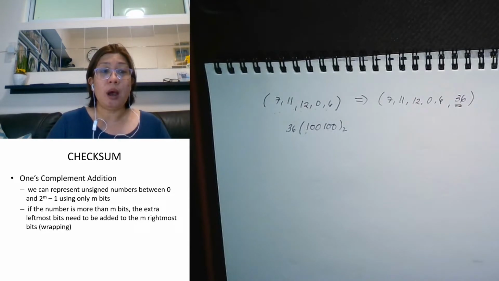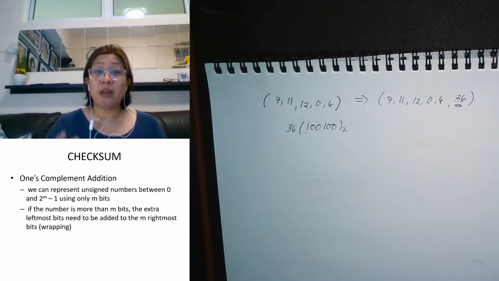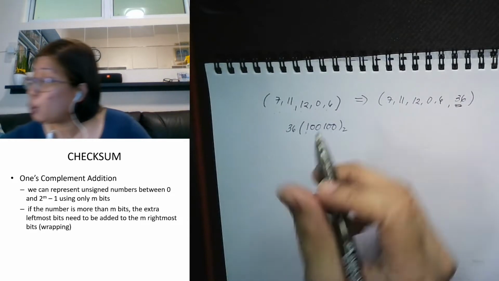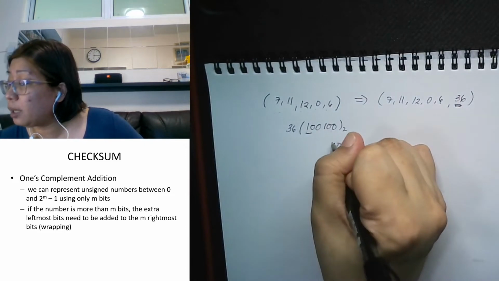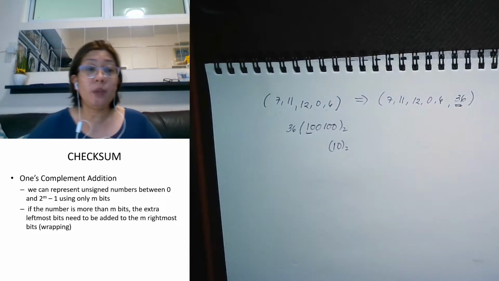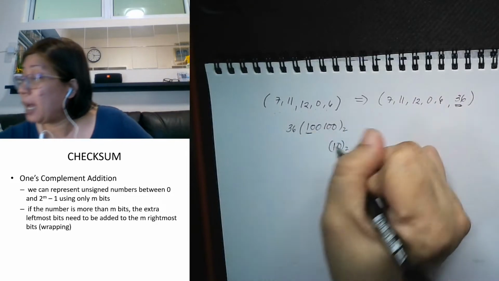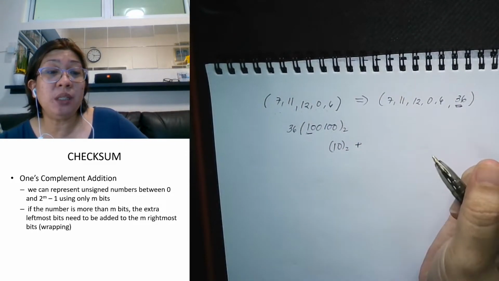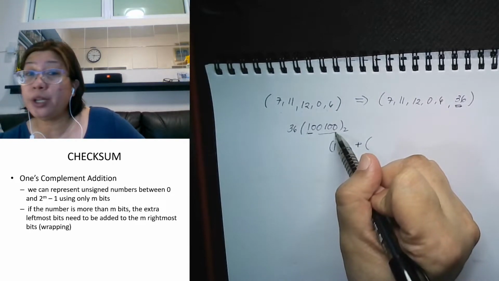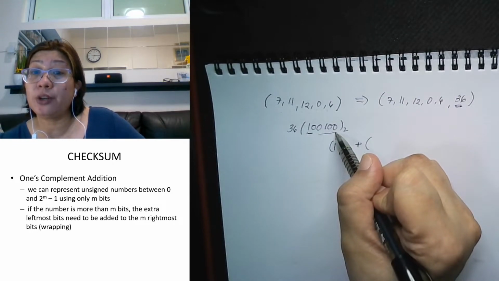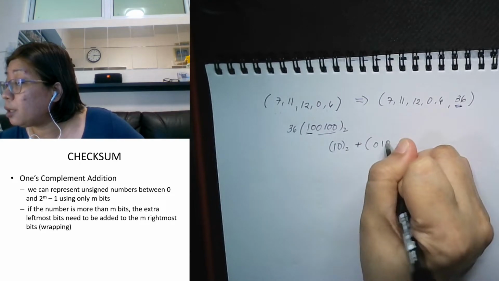To change it to a 4-bit number, we need to add the extra leftmost bits. That is 1 0, base 2. Plus the remaining rightmost bits, that is 0 1 0 0.